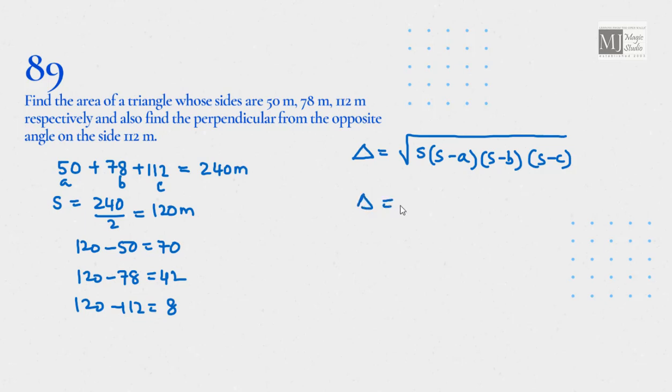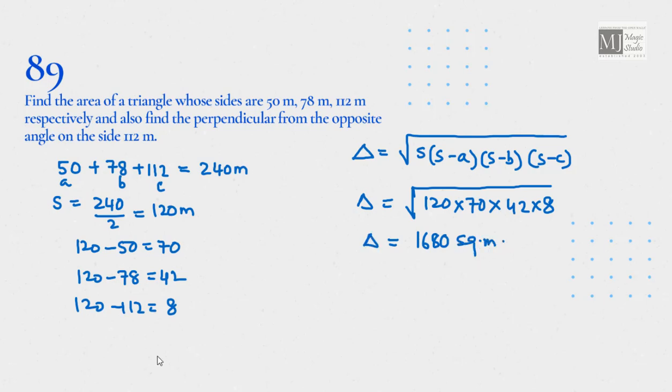So area of triangle is root over 120 into 70 into 42 into 8. After calculation, this would be 1680 square meters.